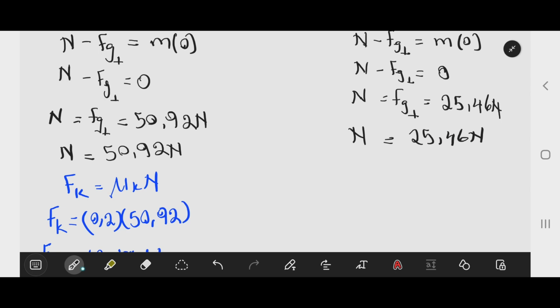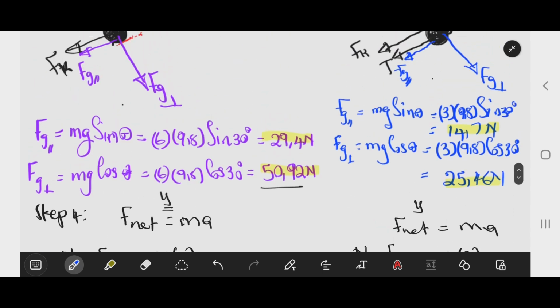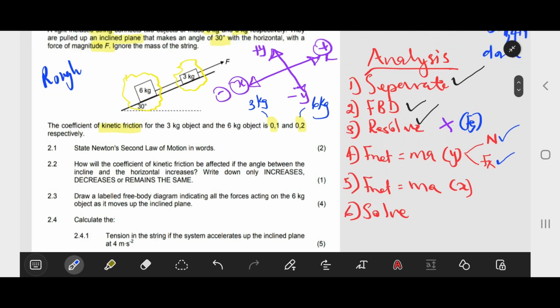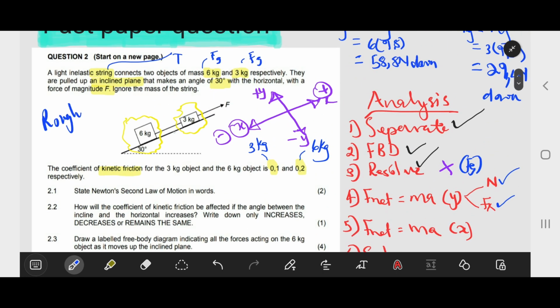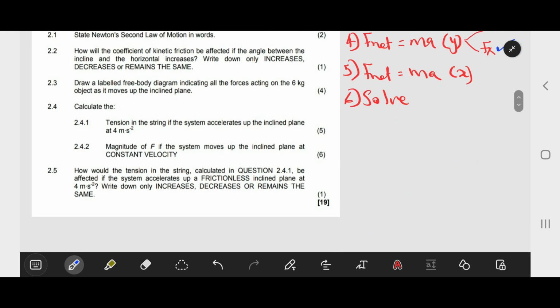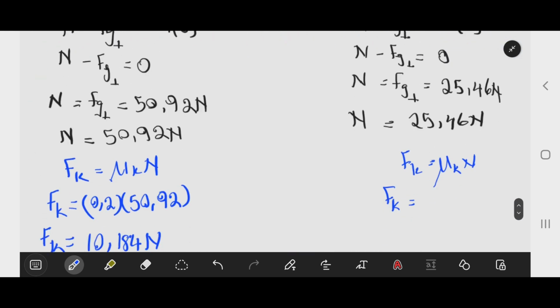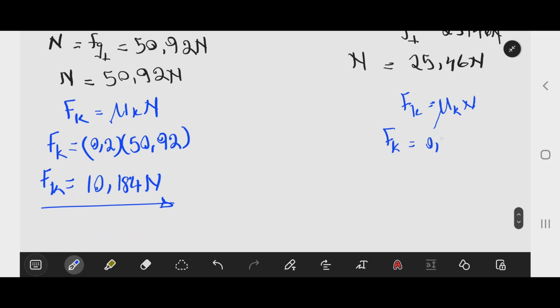And from this, we have obtained our normal force. And after obtaining the normal force, we go straight away to calculate our friction for that object, okay? And our friction would be, remember, the coefficient of friction between the surface and the 3 kg was given as 0.1. So that would be 0.1 multiplied by 25.46, right?